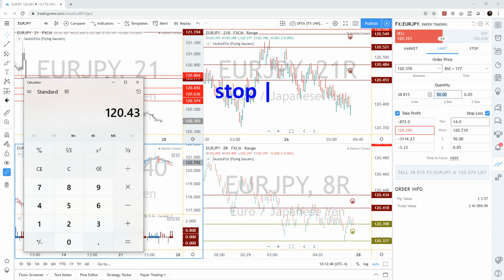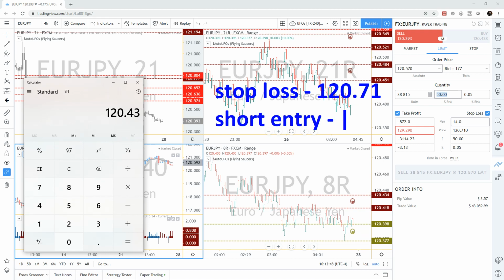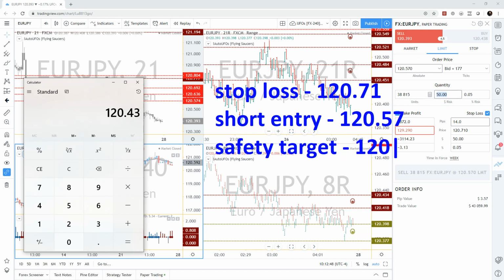On the very top, we would have a stop loss, which is 120.71. Below, we have our short entry, thanks to the climate, which is 120.57. Below, we have the safety target, which is 120.43, projecting 14 pips below the entry.